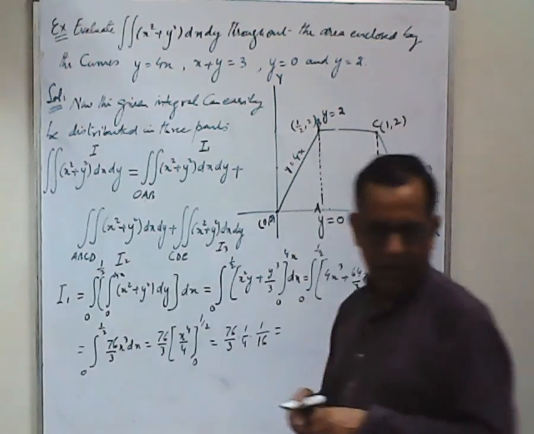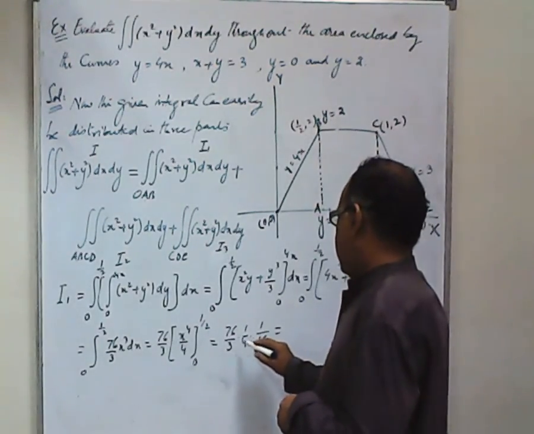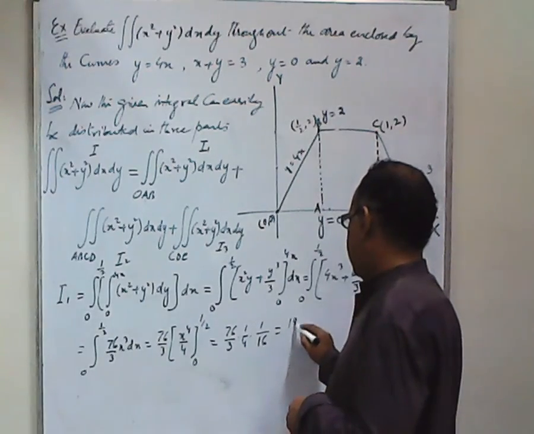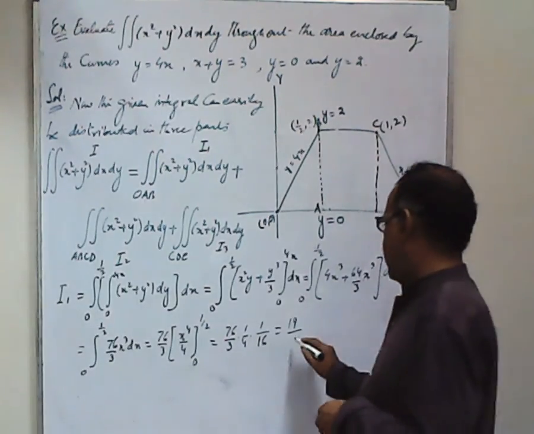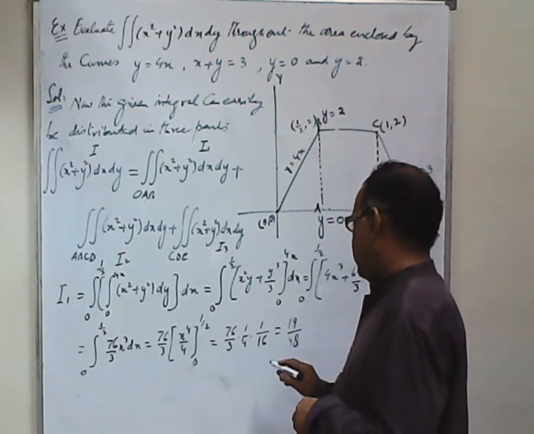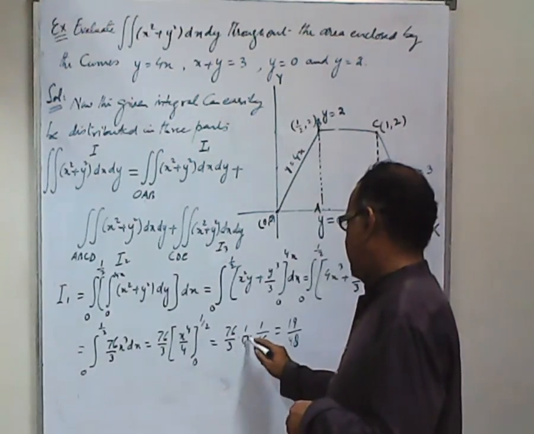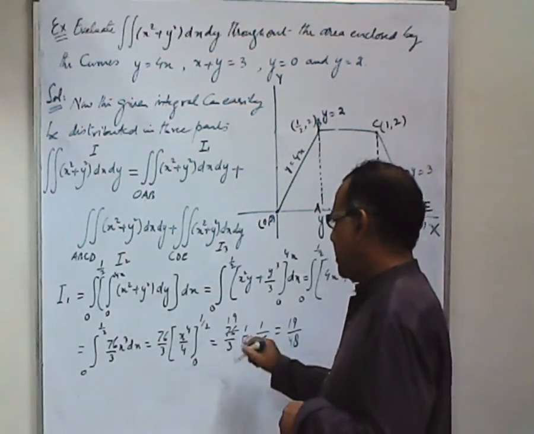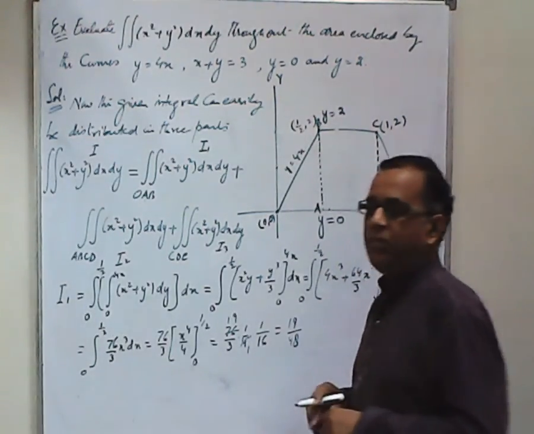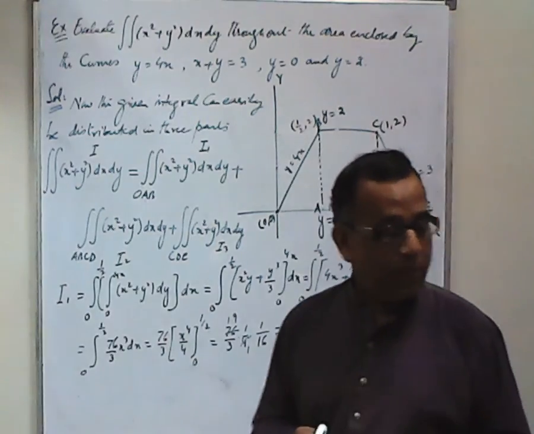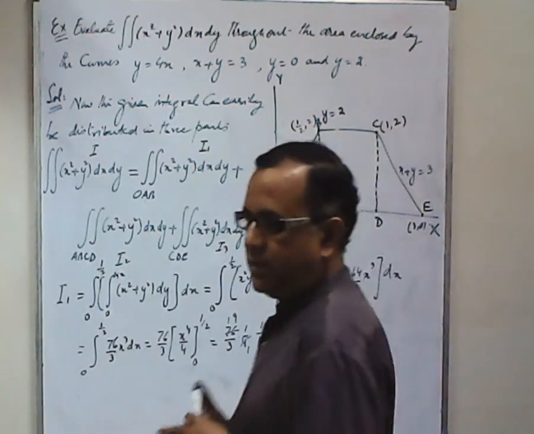So overall the value will be 19 over 48. 4 ones are 4, 4 nines are 36, so it is 19, and 16 threes are 48. So I1 will be equal to 19 upon 48. Now similarly we will calculate I2 and I3 as well.